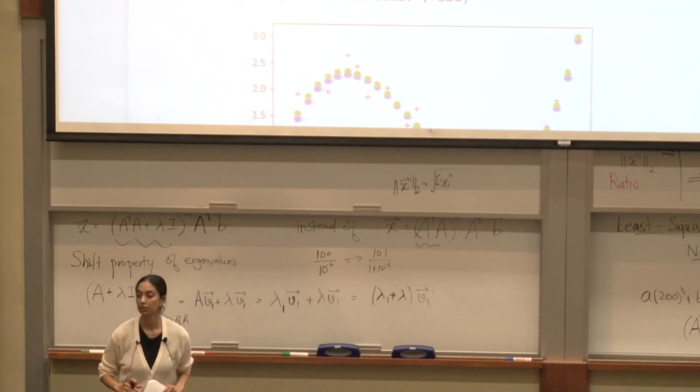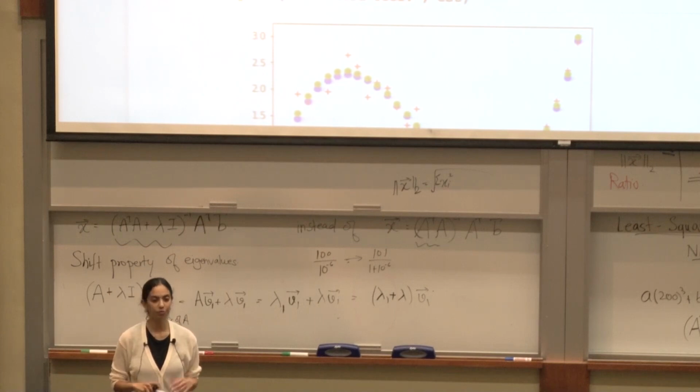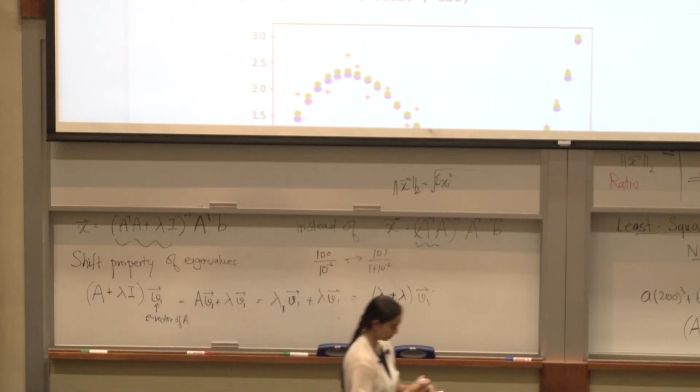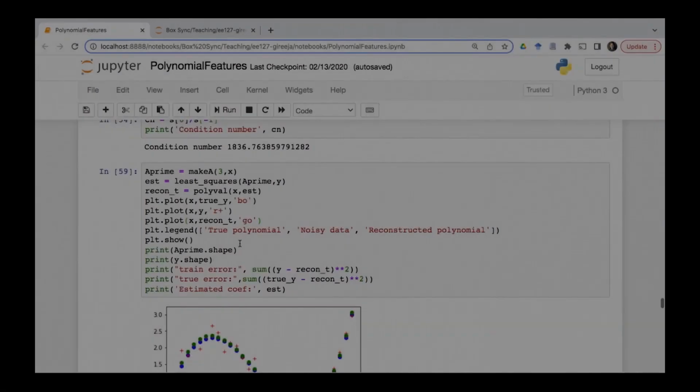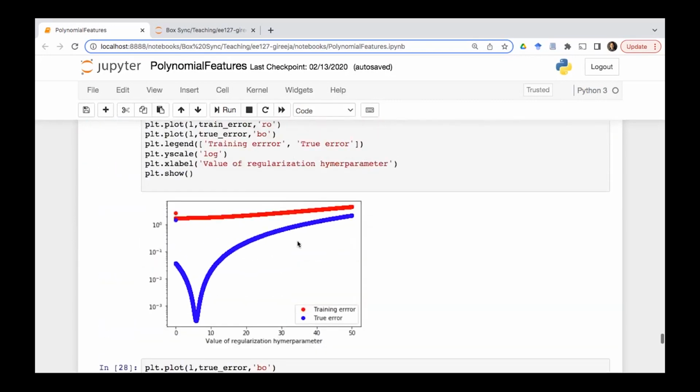Yes? How do you find a lambda? Great question. So how do you find the lambda? That is really the question of hyperparameter search. A class like 189 would talk about this more, but you would use a technique like cross-validation to do this. So here I actually have a plot of how, as you vary lambda, your true and your test error changes.